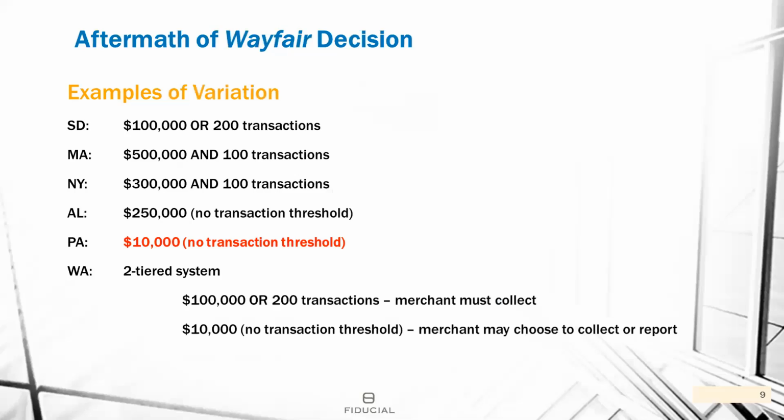And if you have $10,000 worth of transactions, you can make a choice. If you're a merchant, you can choose to either collect the sales tax, or you don't have to collect, you have to report, basically. At the end of the year, you would report to the taxing authority your sales and the customers that you sold your products to. Presumably, so then the state of Washington could go collect the tax from the end customers.